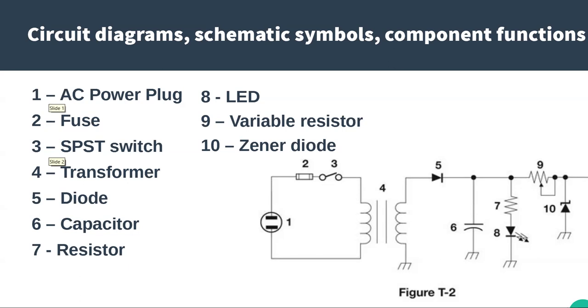You see it's a regular diode symbol, but it has those little light rays coming out of it. 9 is a variable resistor, or sometimes called a potentiometer. It's a 3-terminal device. And 10 is a Zener diode.